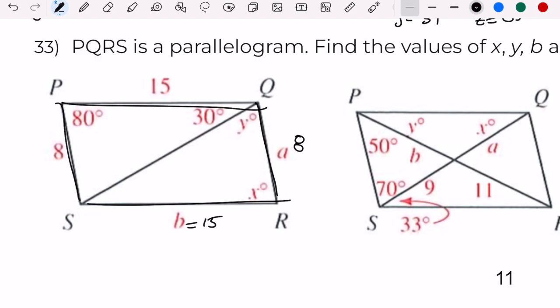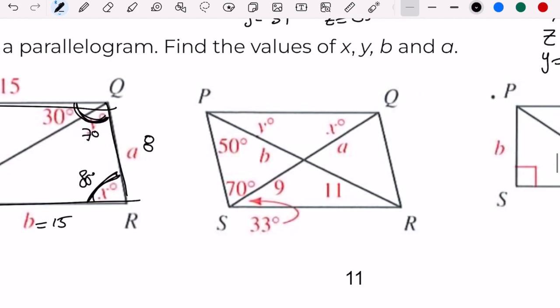So if this measures 80, this one also measures 80, because opposite angles in a parallelogram are congruent. And now this plus 30 plus 80 equals 180. So 180 minus 30 minus 80, that is 70, because this plus this is 180.